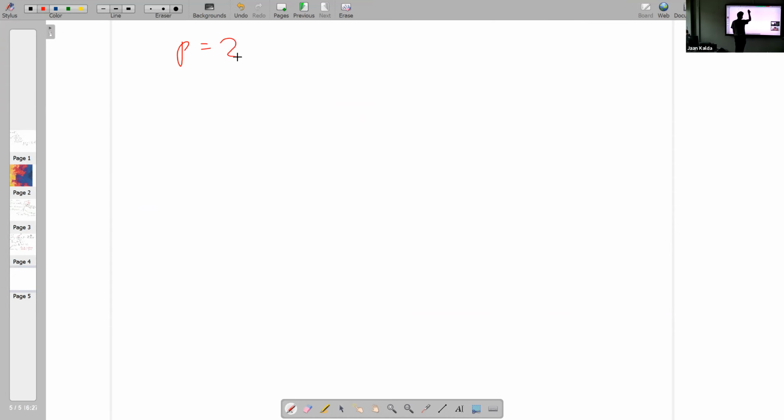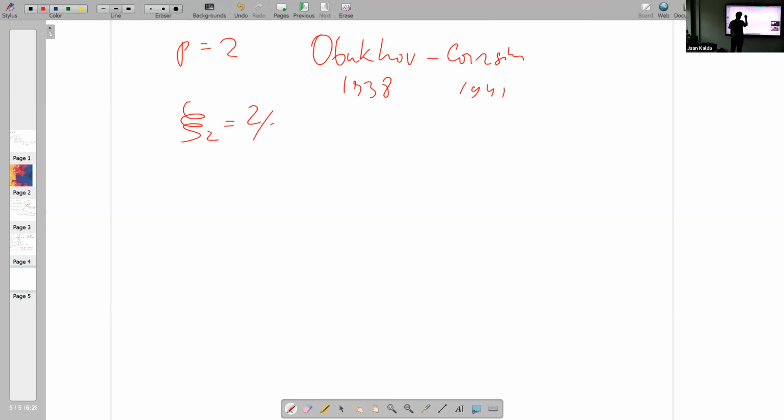So we have the Obukhov-Kolmogorov scaling result, I think from 1938 and 1941, which states that psi of 2 equals 2/3. And how does it come about?